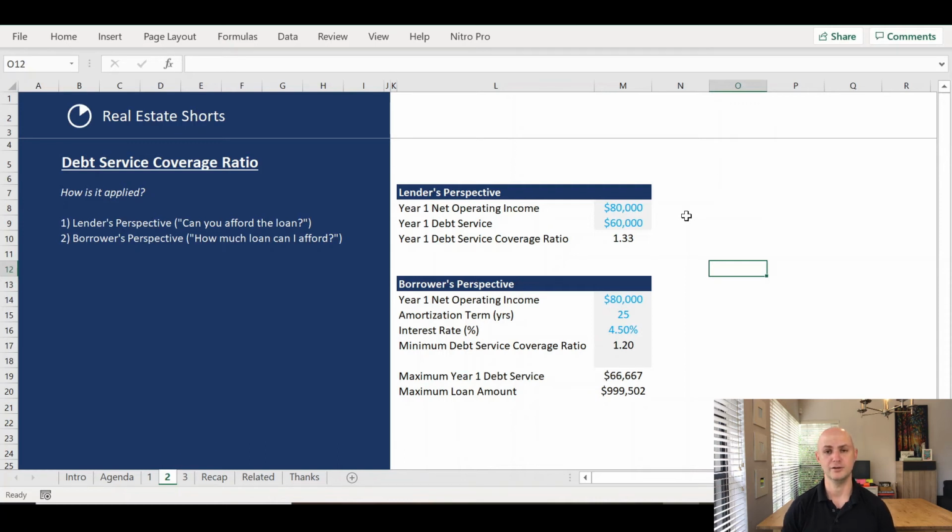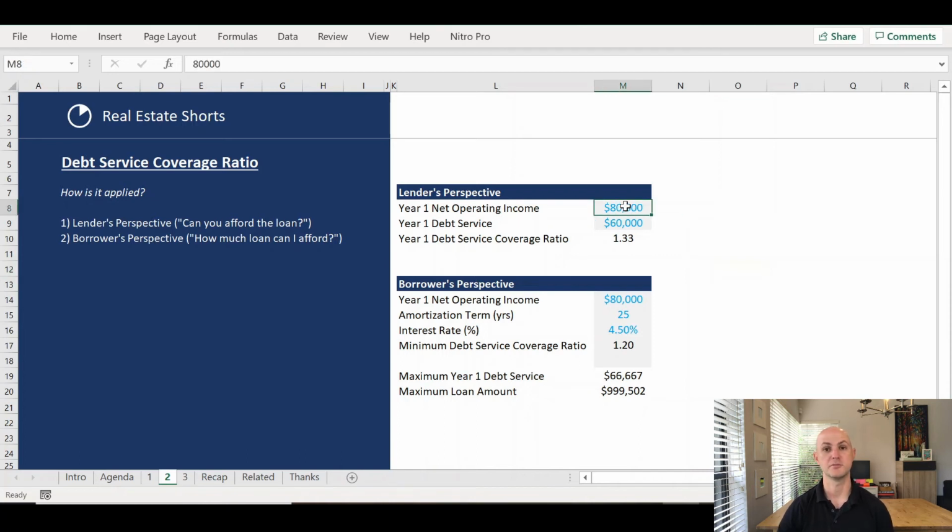I believe I know the terms of the loan that I can get in the market, and I believe I know the required debt service coverage that a lender would have of me. Given these assumptions, I can estimate how much debt service I would have, and therefore I can estimate how much loan balance I can afford or borrow. So again, let's take a look at these two in comparison.